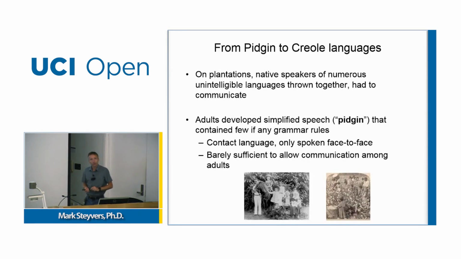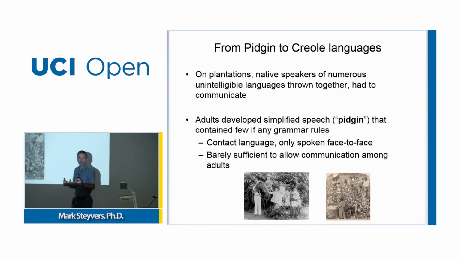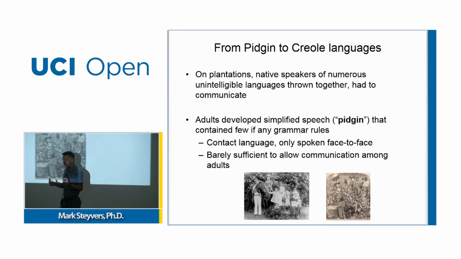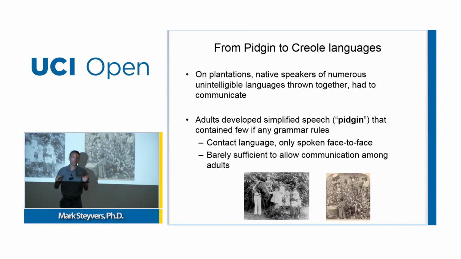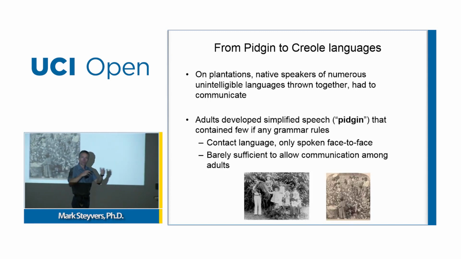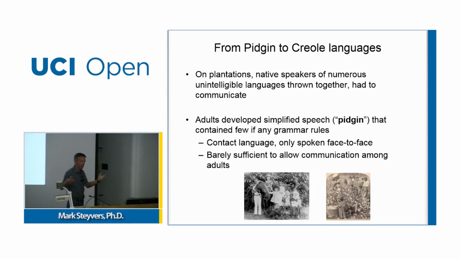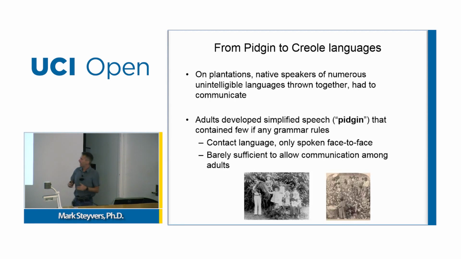During the 19th century, on slave plantations, the slaves from Africa were mixed up. Slaves with very different backgrounds and different languages were all put together, and nobody could really communicate well with each other because there were all these different linguistic backgrounds.